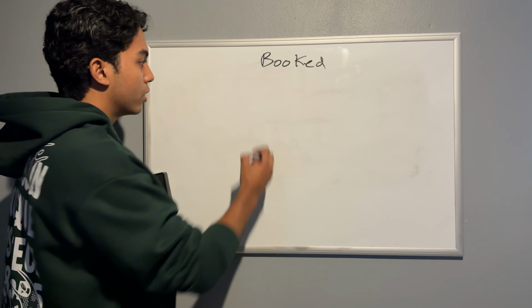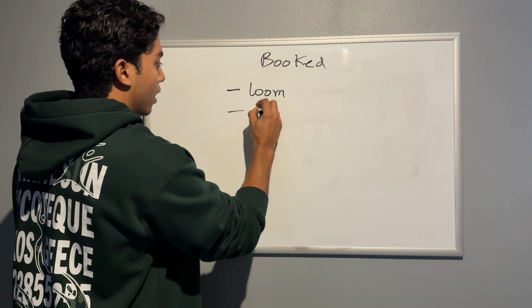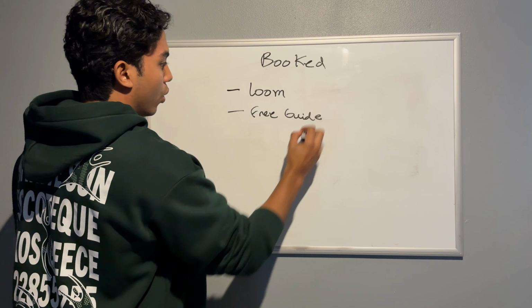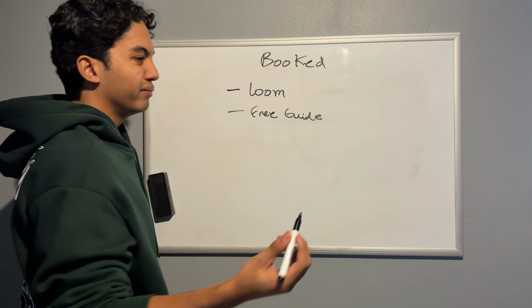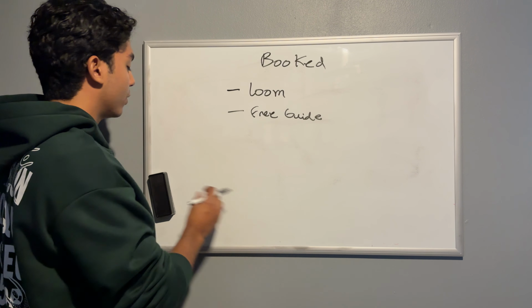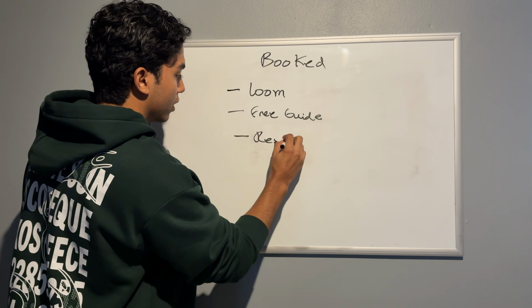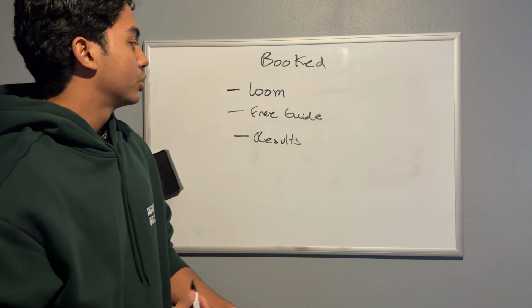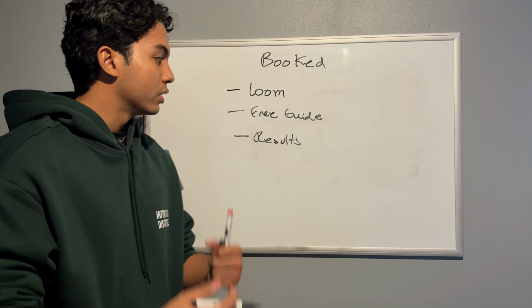This free value can be a Loom of your process, a free guide, maybe a process or a photo of whatever, or also results. Like, "Hey, this is the process that I'm going to show you, just to keep you updated with what we're going to see on the call.